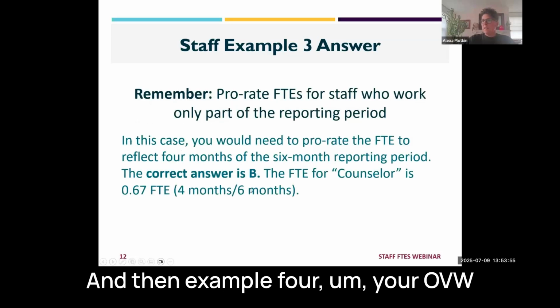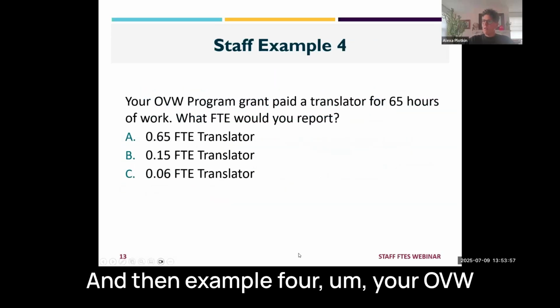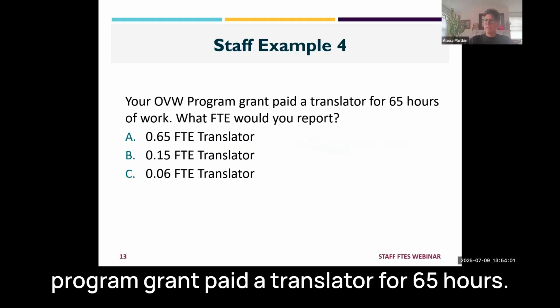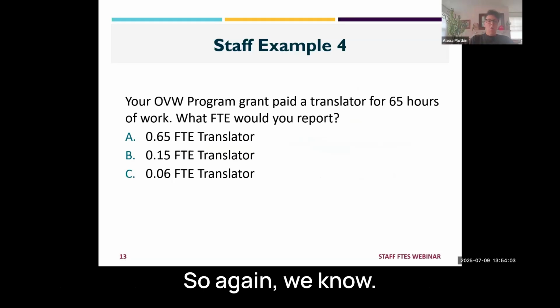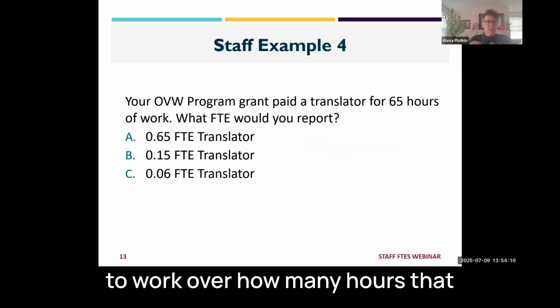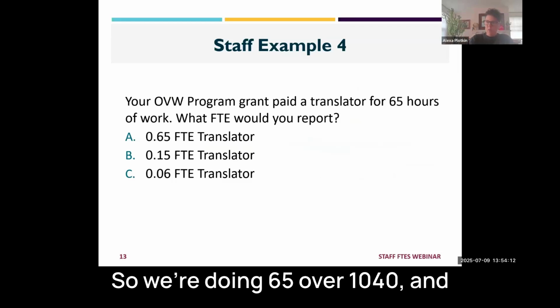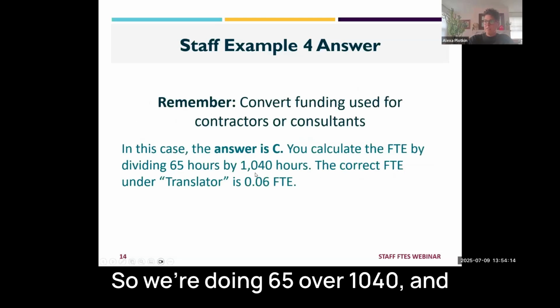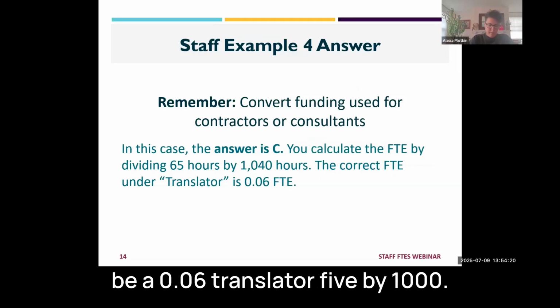And then example 4: your OVW program grant paid a translator for 65 hours. Again, we know it's how many hours were worked over how many hours you could have worked in the period. So we're doing 65 over 1040, and I'm guessing it comes out to be a 0.06 translator.